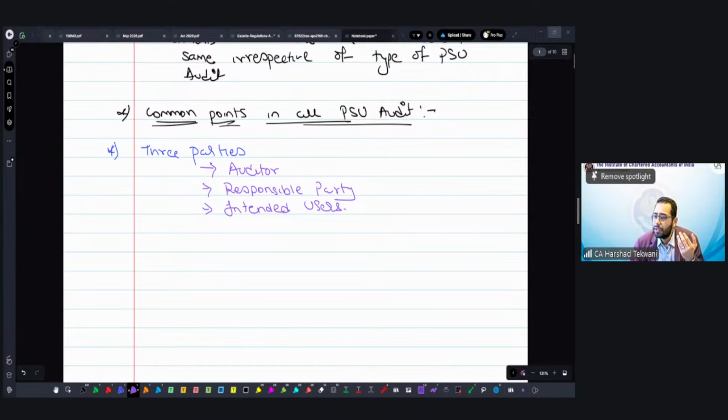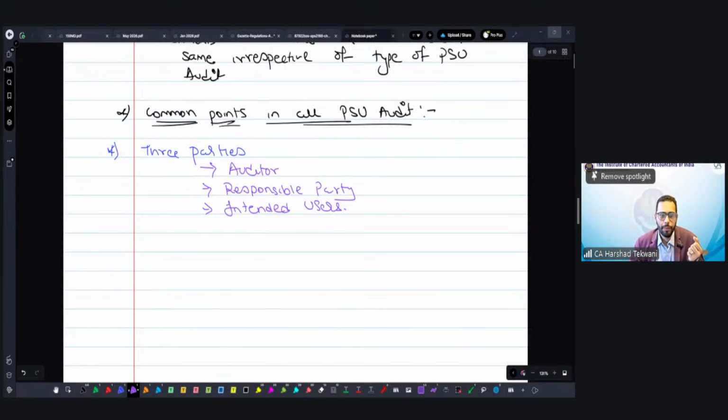Then those charged with governance of the entity are the responsible party. Okay. Anything else you can think of for the intended users and responsible party? Okay. Let me discuss in much more detail.